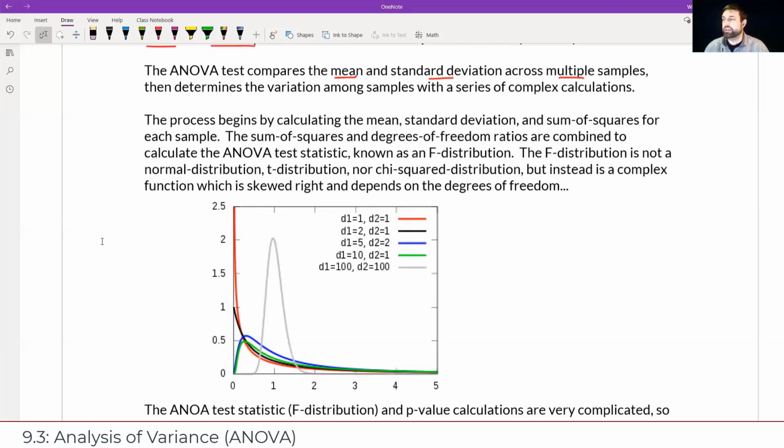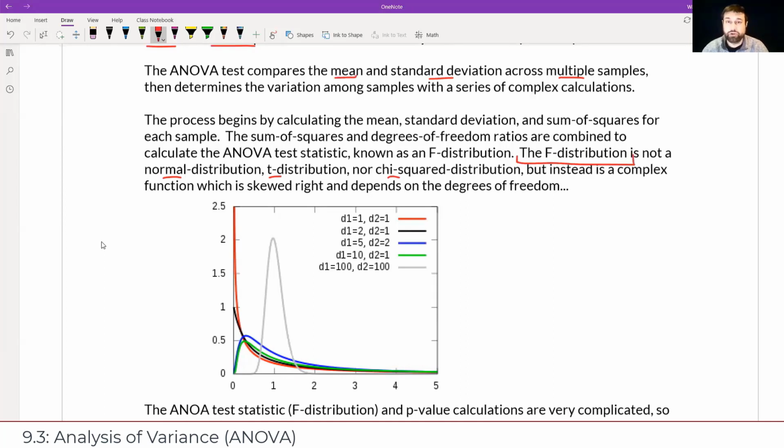And so the graphs that you get, we're not talking about a normal distribution. We're not talking about a t-distribution or a z-distribution, a z-score or a t-score or a chi-squared score. We are talking about something completely different. That completely different distribution is known as the F distribution.